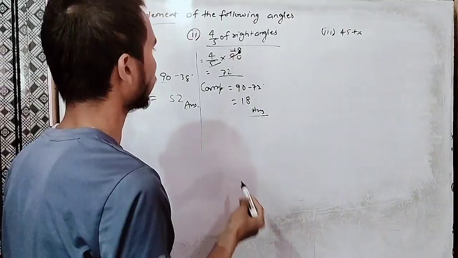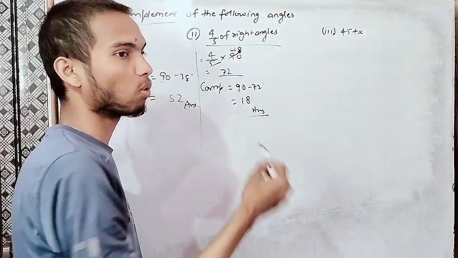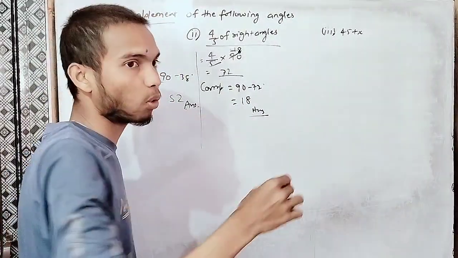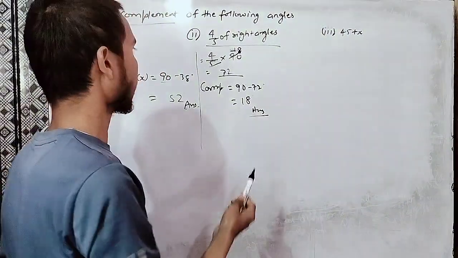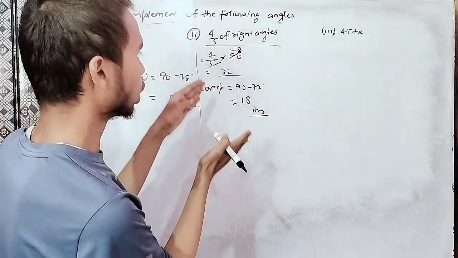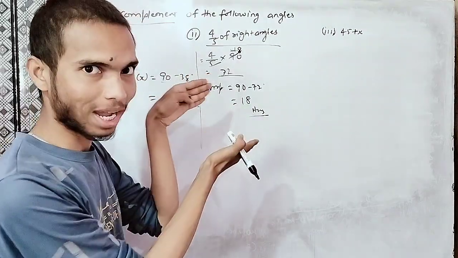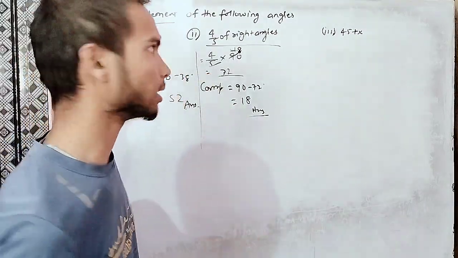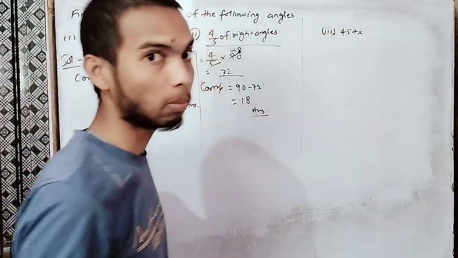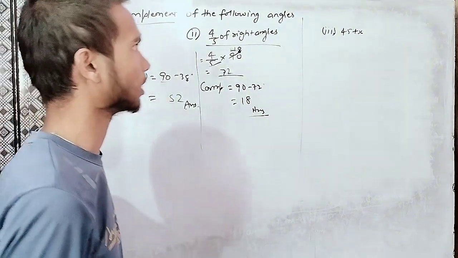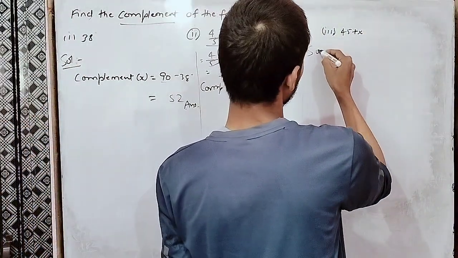You can understand, this is the value of an angle and this is the value of the second angle. When we add together the sum of the two angles, we will get 90, which means a complement, which means a right angle. Okay, next.